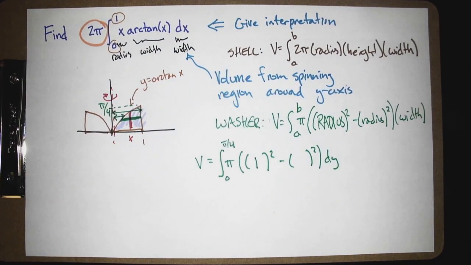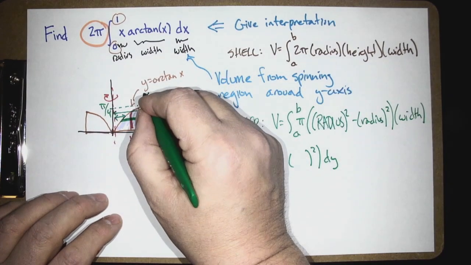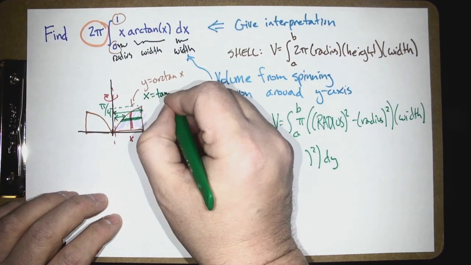Well, we go to the curve. Our curve is y equals arctangent of x, but that's the wrong way to write the curve. We need to re-express this as x equals something of y. If y equals arctangent of x, then x equals tangent of y. Why is that true? Because arctangent is the inverse function of tangent.